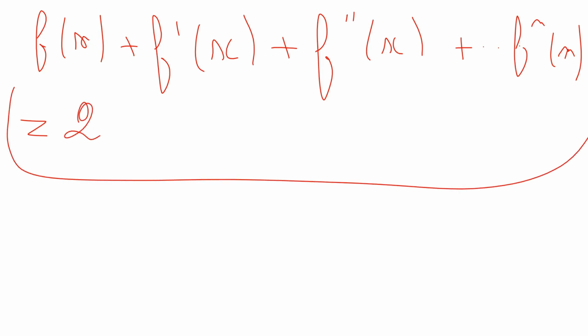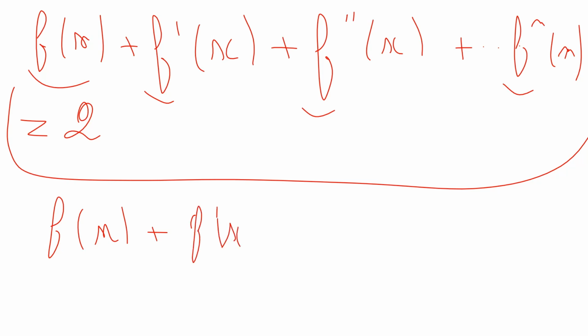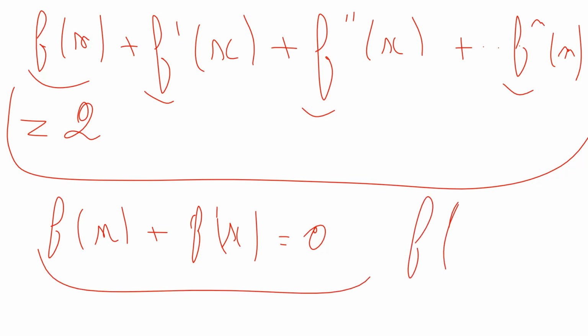This is a differential equation. It involves f of x, its first derivative, its second derivative, up to its nth derivative. We don't usually have all of these derivatives. We may just have f of x plus f prime of x equals 0. This is also a differential equation. Even f of x equal to 3 is a differential equation.